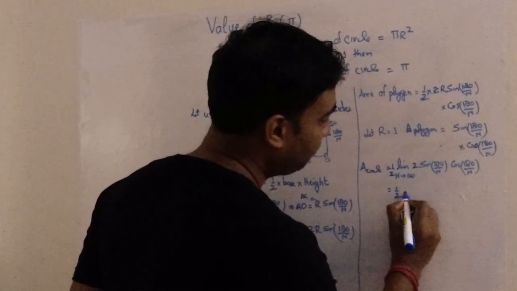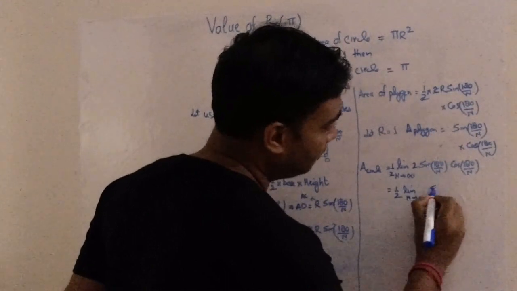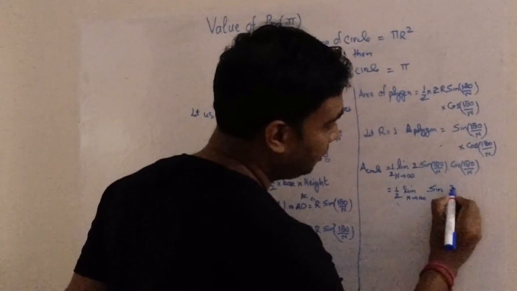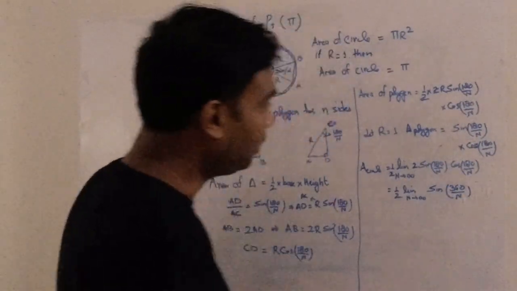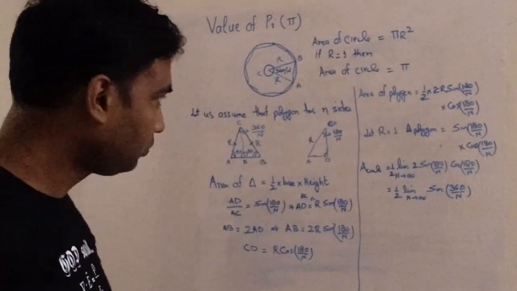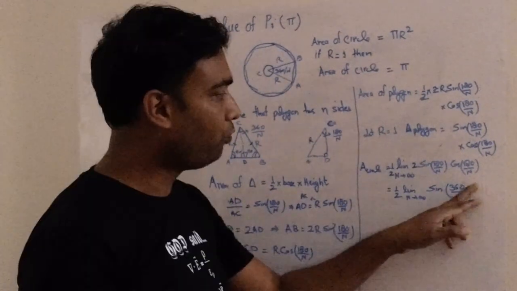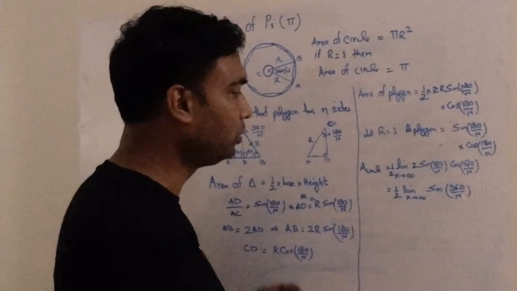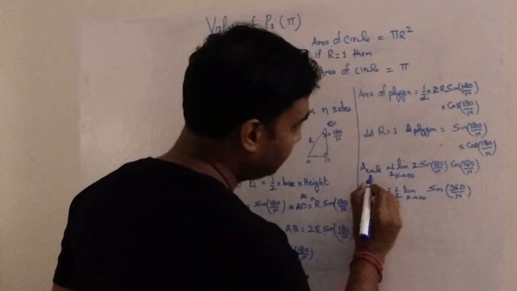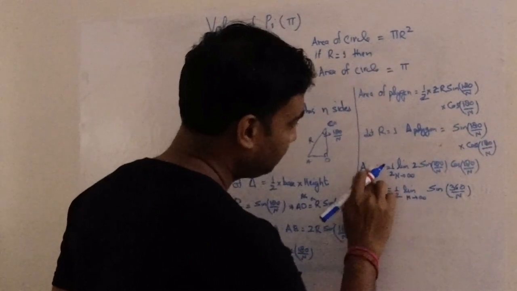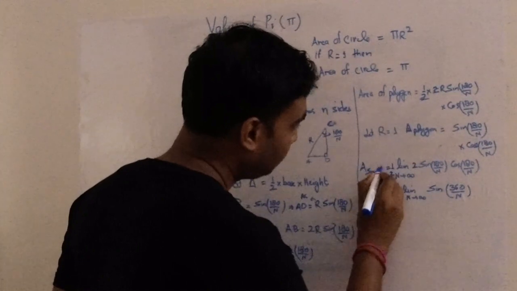So it will be half limit n tends to infinity and sine 360 over n. One thing I forgot to tell you, this is the area of one very small triangle.